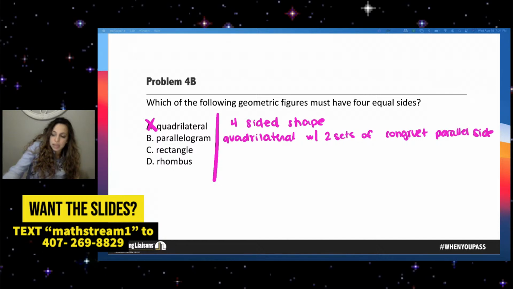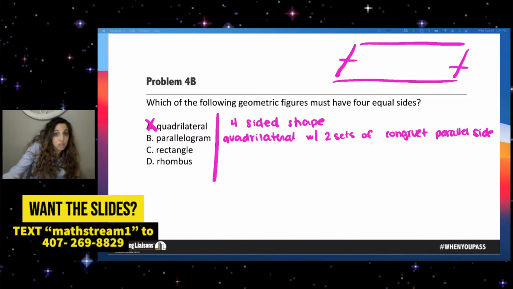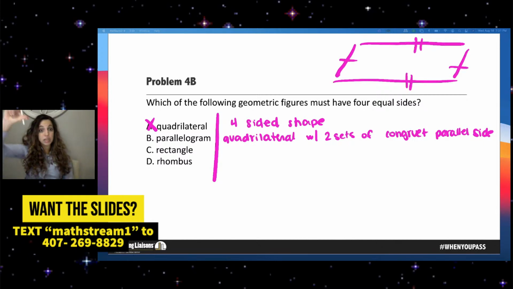All that means is that in a parallelogram, it has a set here that's congruent and a set here that's congruent. And so the top and the bottom are equal and the sides are equal. The top and the bottom are parallel to each other and the sides are parallel to each other, but they don't have to have a 90-degree angle. And so a parallelogram does not have to have 4 equal sides.